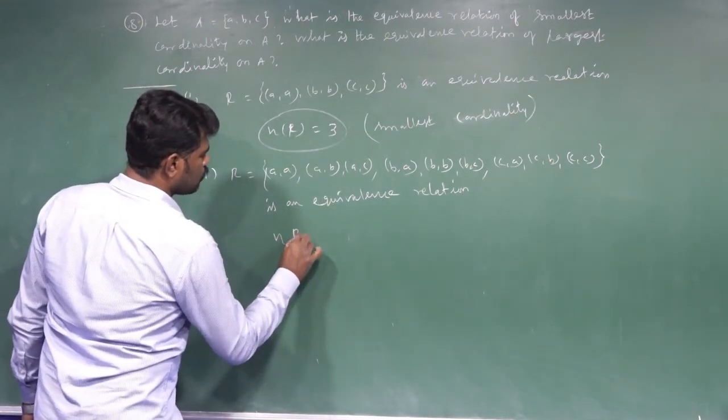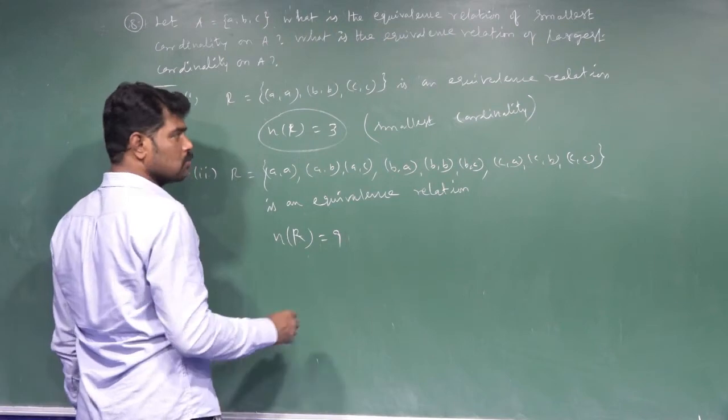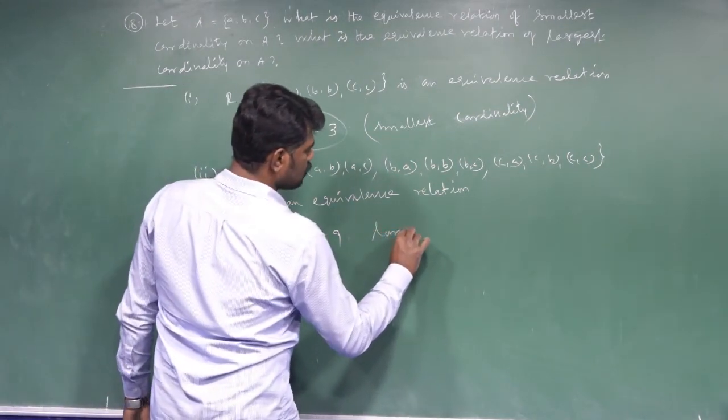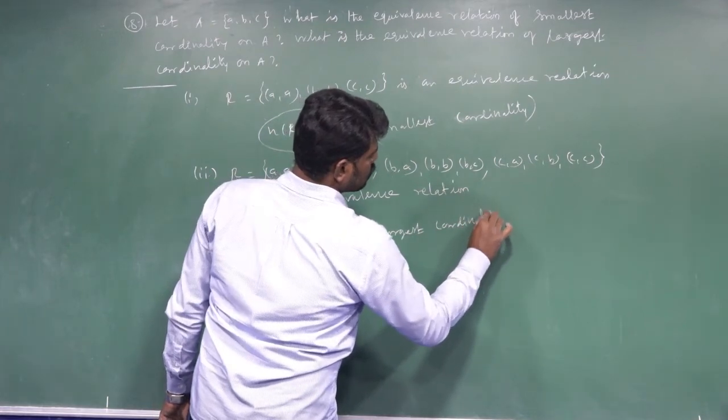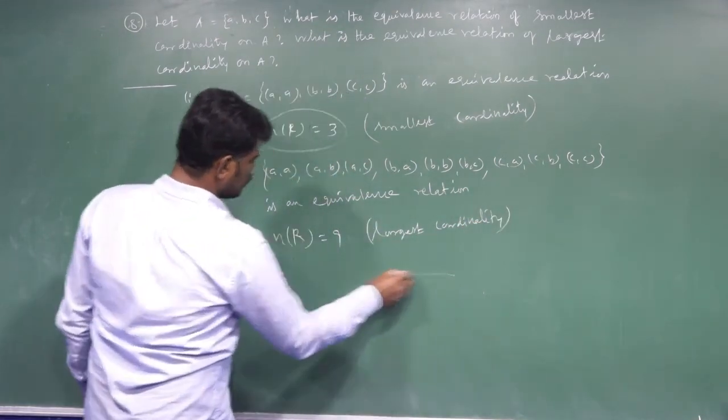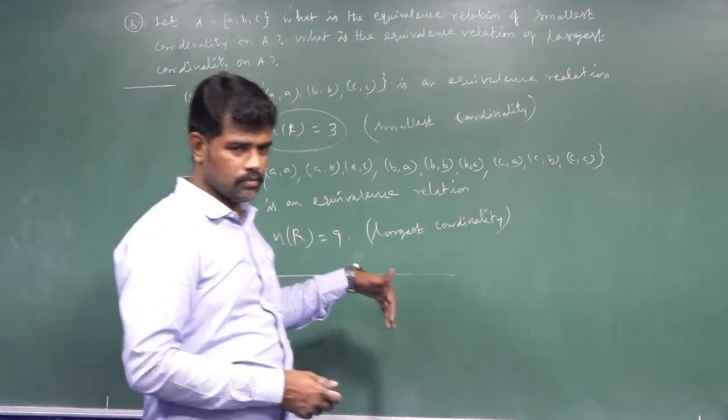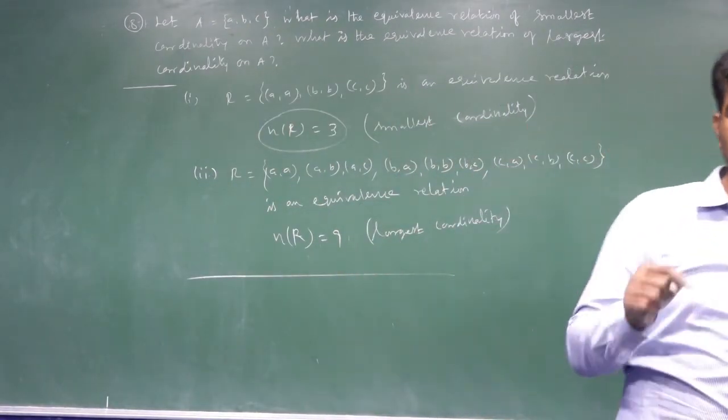Here n(R) = 9, the largest cardinality. So by this sum we can come to a conclusion.